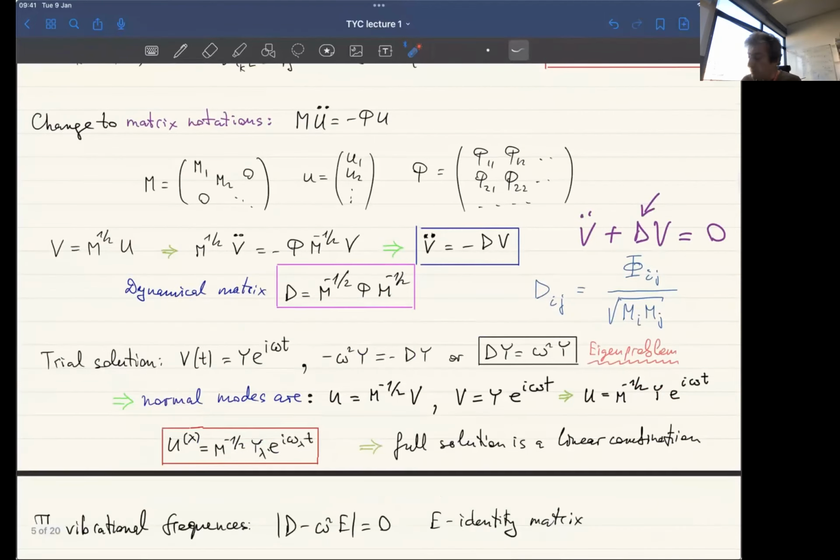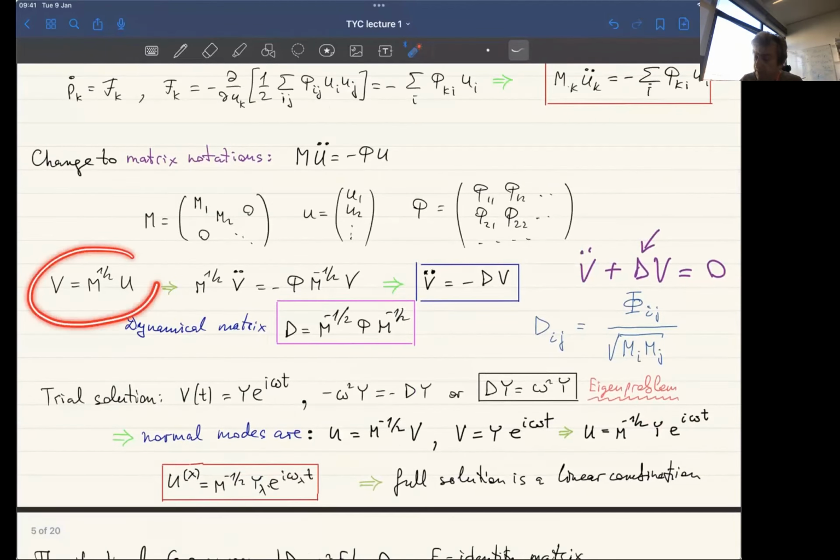And if we now recall that actual displacements are related to the rescaled displacement via this m to the power 1/2, we can write for each eigenvalue and eigenvector, which I will designate with the index lambda, this expression. So this is the solution of the vibrational problem corresponding to the type of the vibration lambda with the frequency omega lambda and the eigenvector y lambda.